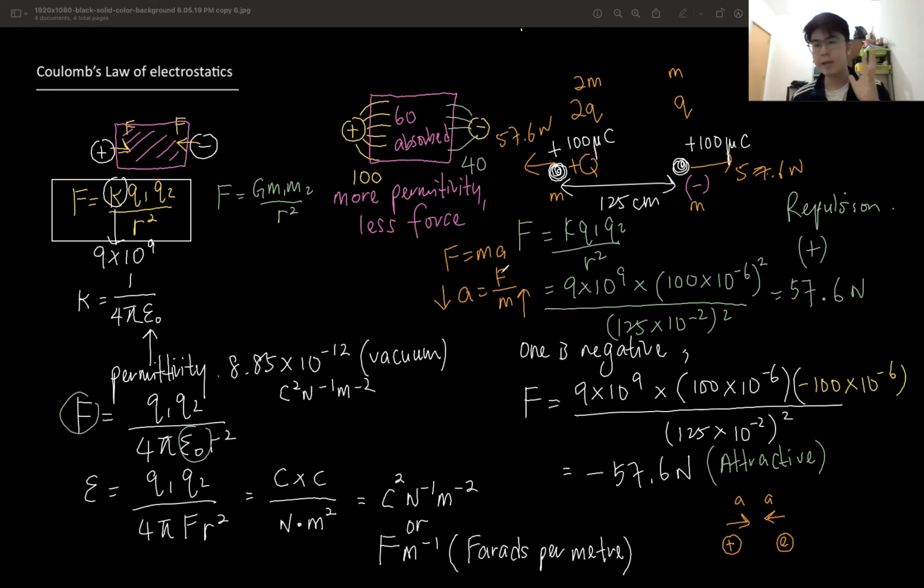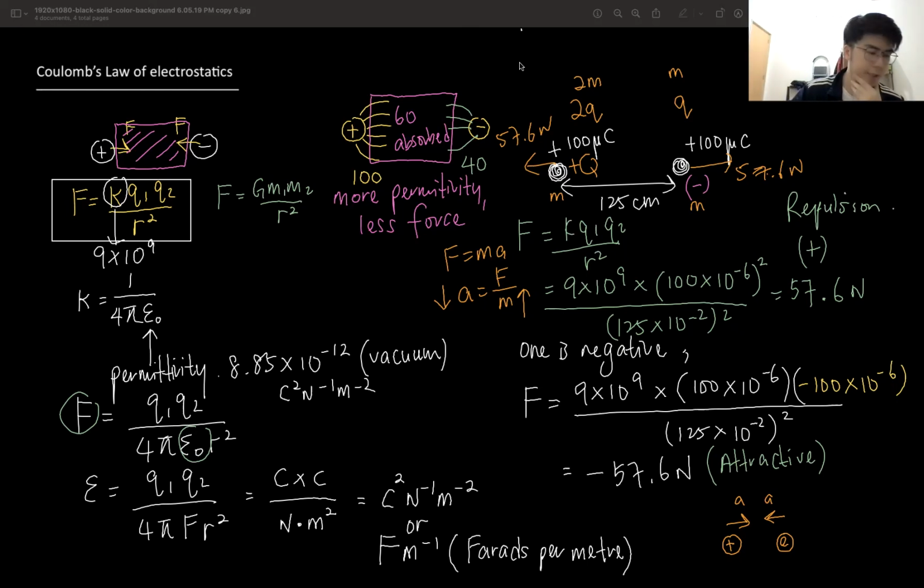What you learn there applies here. Actually, this one should be taught right after the gravitational, but because of the sequence, only now we look at the Coulomb force. The correct sequence should be gravitational, and after you finish that, we jump straight to Coulomb's law.